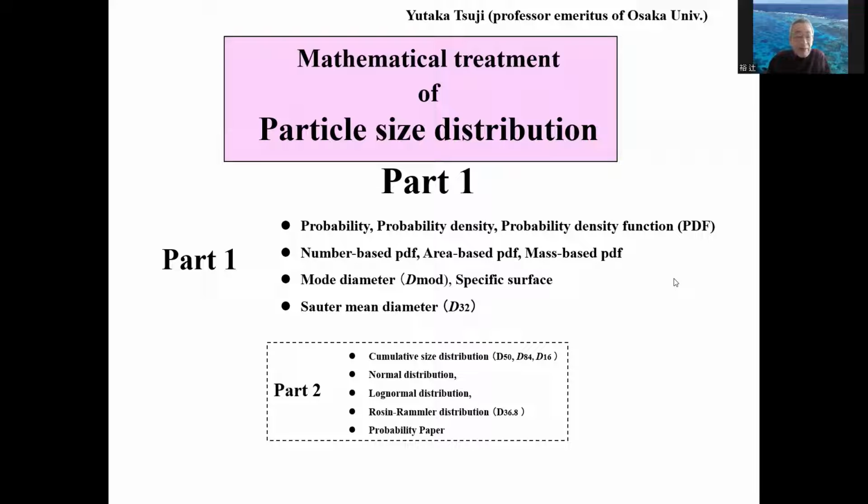At the beginning, the lecture is given in the order of probability, probability density, and probability density function. After that, probability density functions based on particle number, particle surface area, and particle mass will follow. At the end of part 1, I explain the delta mean diameter D32 and the specific surface.